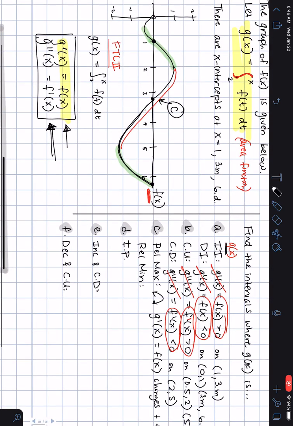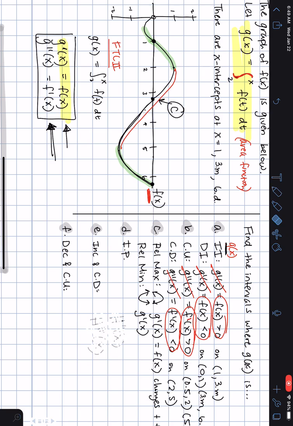Okay, next we have relative min. Relative min occurs where G prime, right, the first derivative. If I said where's the relative min of H, then you would write, well, H prime changes. If I said, what's the relative min of H double prime? Well, the relative min of that is where H's derivative changes, so then we'd be dealing with the third derivative.